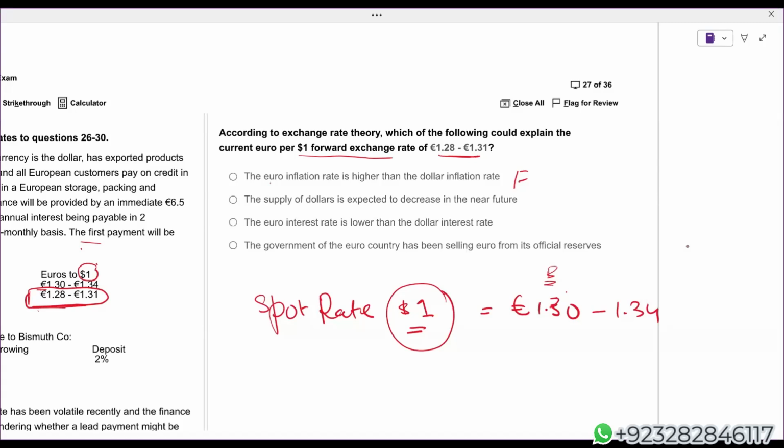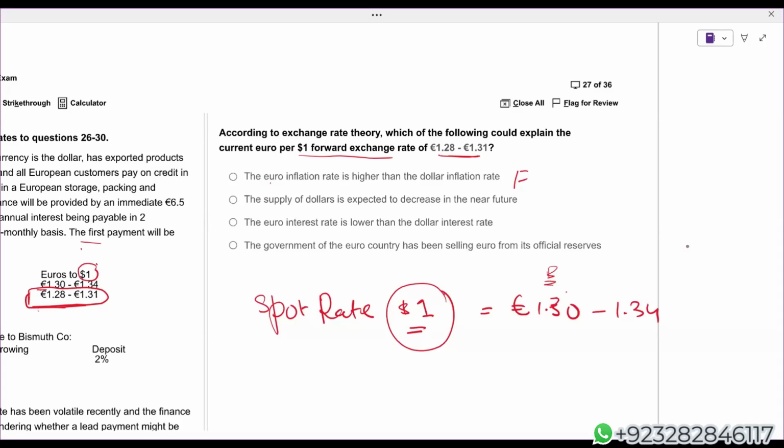By looking at the forward exchange rate, the euro is getting stronger, it is not getting weaker. According to point number one, euro is getting weaker, but the data says euro is getting stronger.